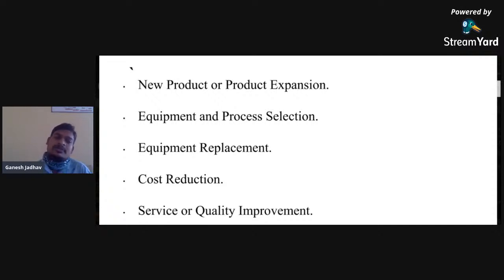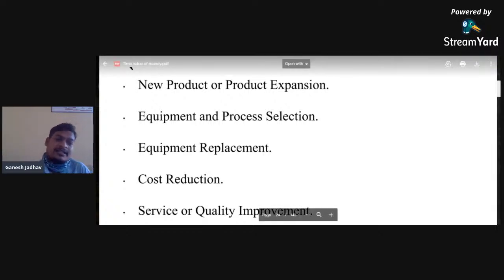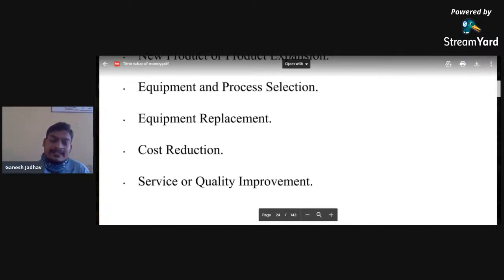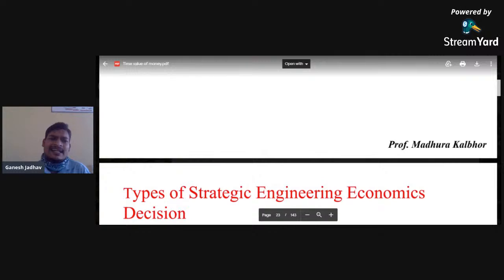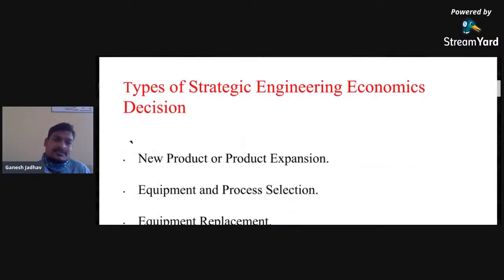So this is the strategy about cost reduction and service or quality improvement, a strategy about the engineering economic decision also.